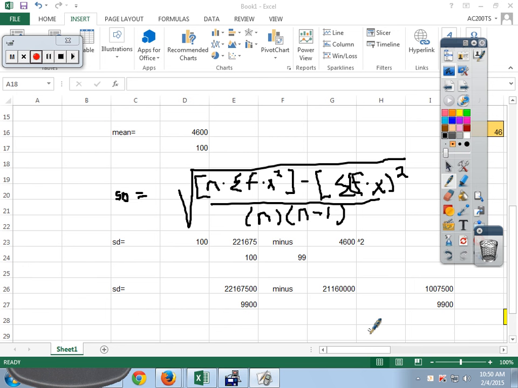Okay, 9.9. Now copy or fill, one of those two. All right, go back to the formulas. Okay, click on 73.5.